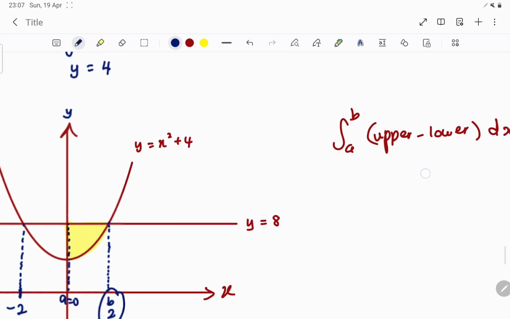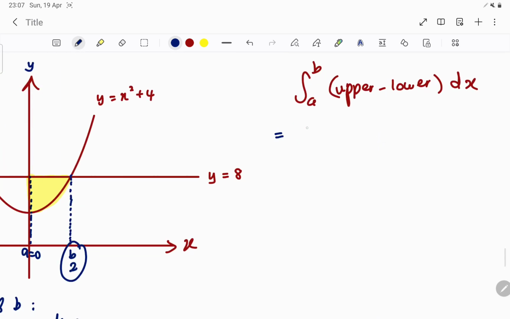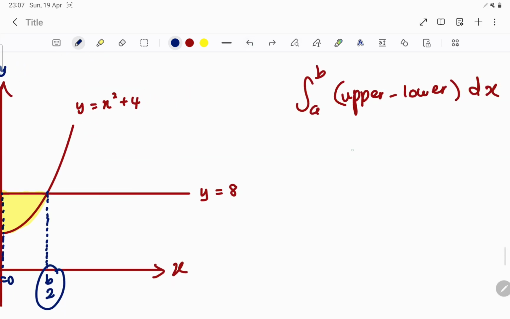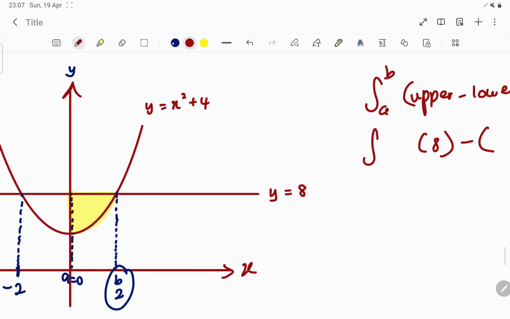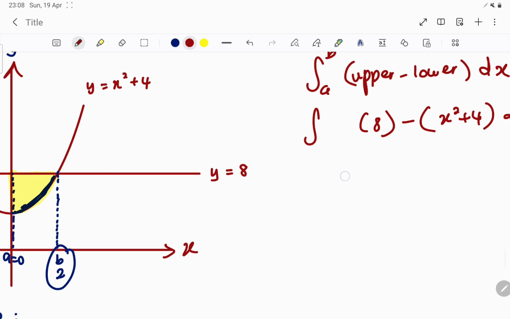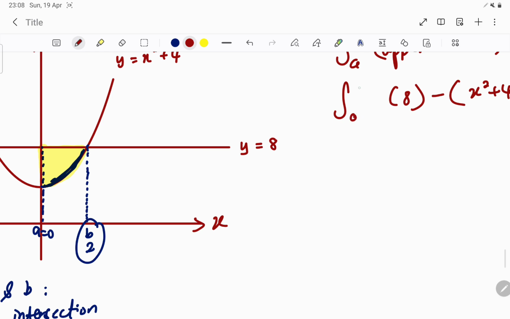To find the total area, we have to find which one is the upper. From your graph, in the shaded part, the upper one is y equals 8. So upper is 8, minus lower, which is the quadratic, x squared plus 4, dx, from a equals 0 to b equals 2.